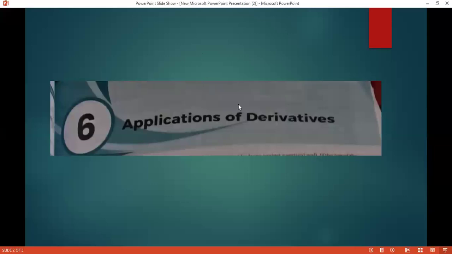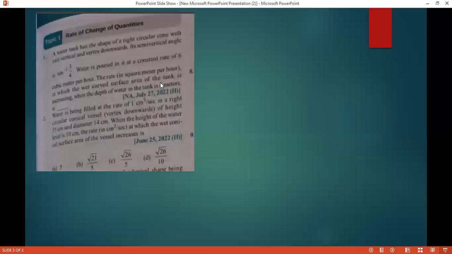Okay, yes. Look at the first question. The question goes like this. So the first question is here. A water tank has the shape of a right circular cone with axis vertical and vertex downwards. Its semi-vertical angle is tan inverse 3 by 4.